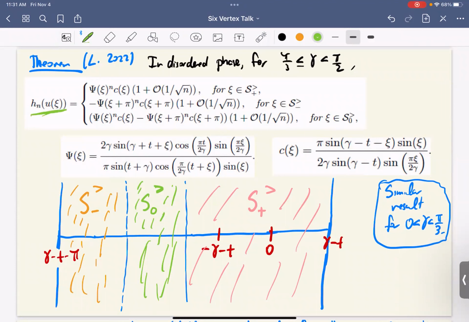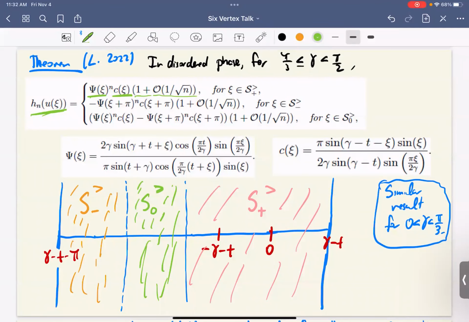The generating function for this lambda n, you have to do analysis of that Laplace transform, and you have to understand what the orthogonal polynomials are. But if you do, you can find an asymptotic formula for that generating function.